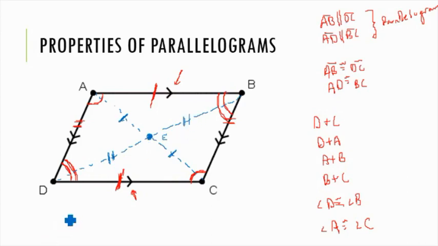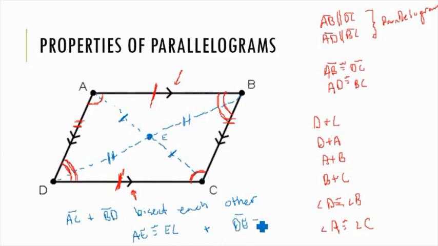The last theorem says that AC, one of the diagonals, and BD, the other diagonal, bisect each other. Therefore, AE is congruent to EC, where they meet at E, and DE is congruent to EB.